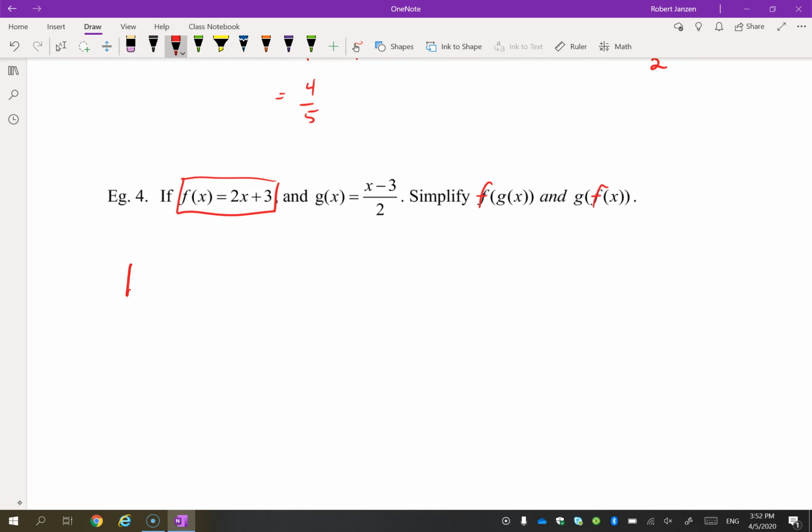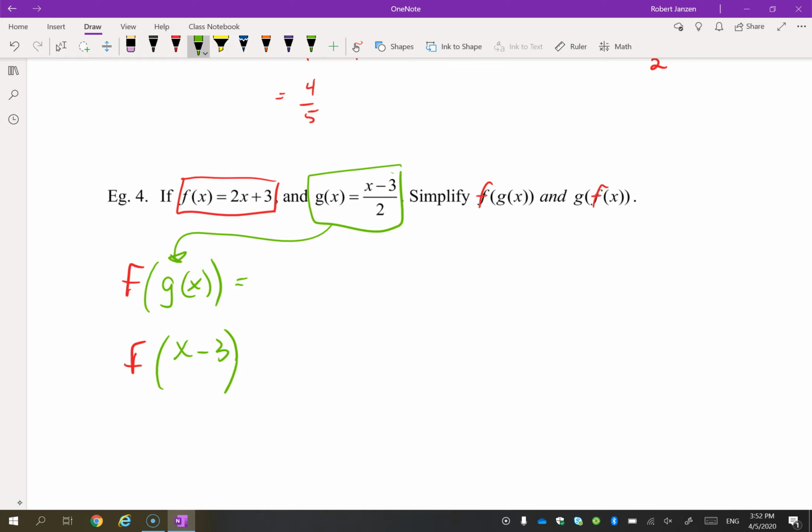So if I want to do f of g of x, okay, and I'll leave the g one to be green. All right, what I'm going to do is put the g of x function in here. So I'm going to have f of x minus 3 over 2.